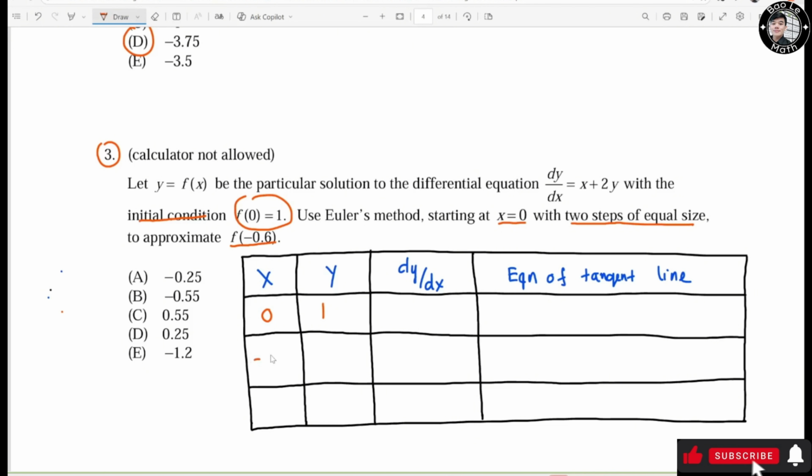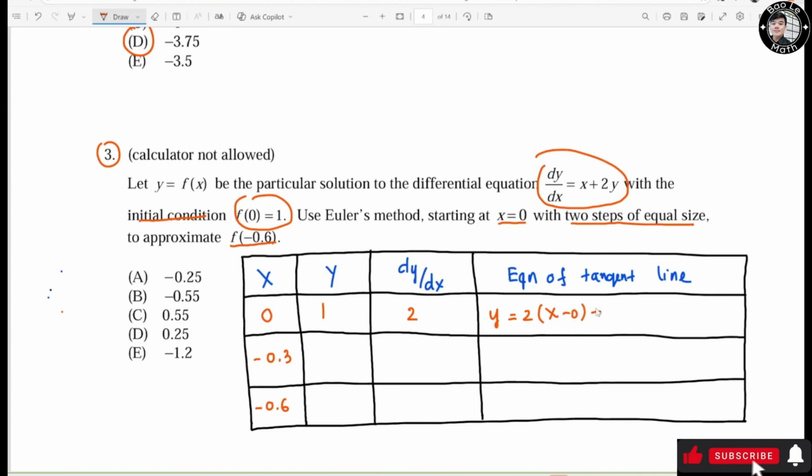So this guy must be negative 0.3 and this guy should be negative 0.6, right? Now dy over dx, we're going to use the formula right here, right? x plus 2y, right? So it could be 2. Equation of the tangent line y equals, the slope is going to be 2 times x minus x1 is going to be 0, right?